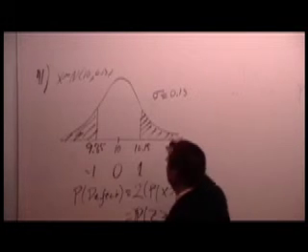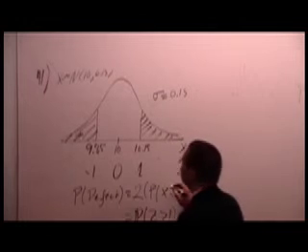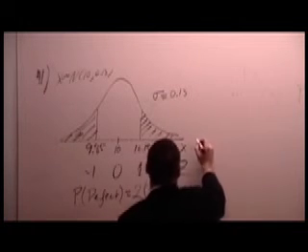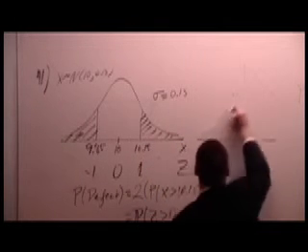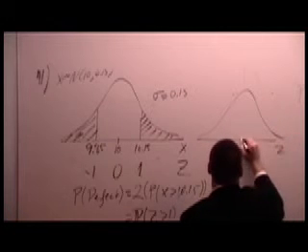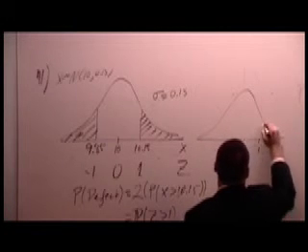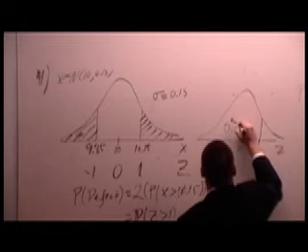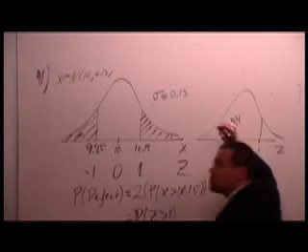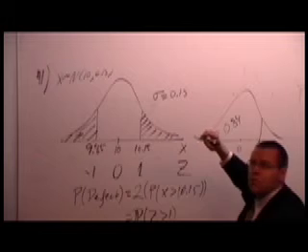This would be the 10th edition version, and here, if you look up a z of 1, you find 0.8413.